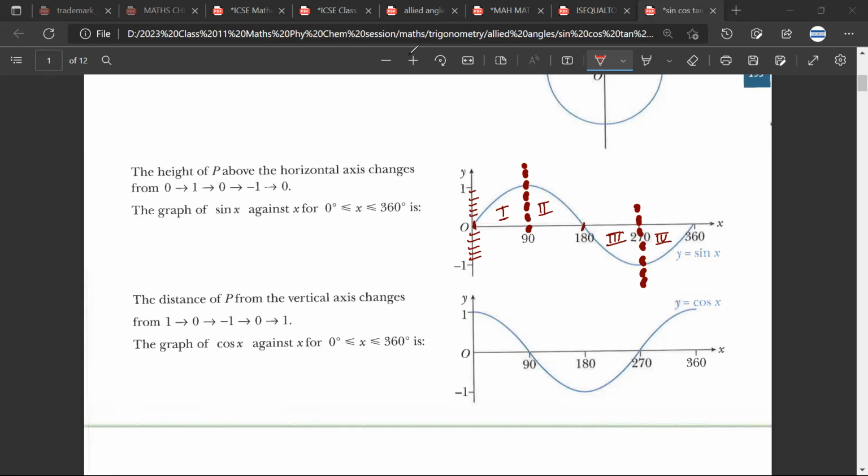Similarly, when we look at the cos curve, now again let us divide cos into four quadrants. This is the first quadrant, 0 to 90. 90 to 180 is the second quadrant. 180 to 270 is the third quadrant, and 270 to 360 is the fourth quadrant. It's important.